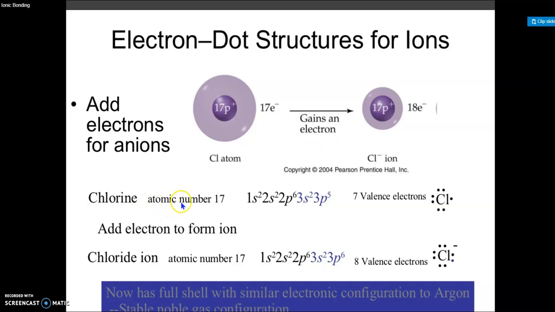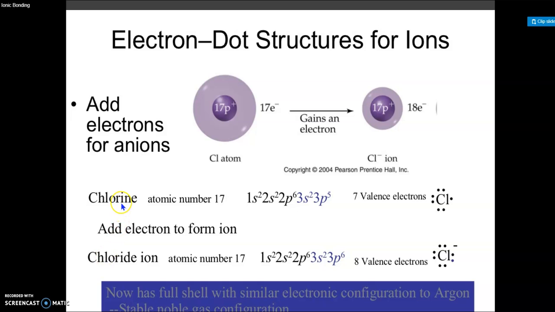Here chlorine's atomic number is 17, and the electronic configuration is 1s2, 2s2, 2p6, 3s2, 3p5, meaning the valence shell carries 7 electrons: 3s2 plus 3p5, 2 plus 5 equals 7. After the gain of 1 electron, it gives the chloride ion.